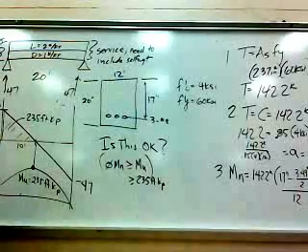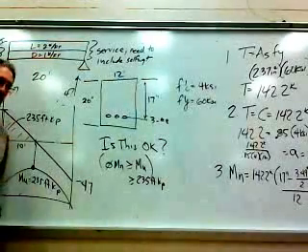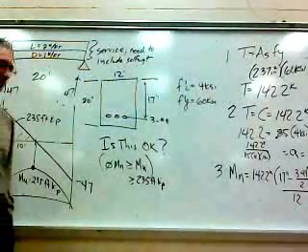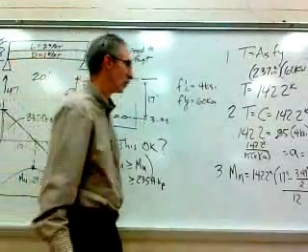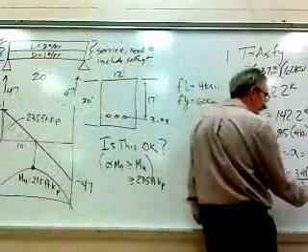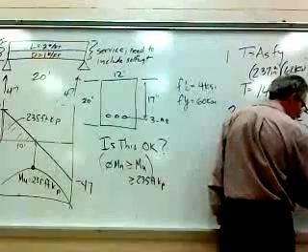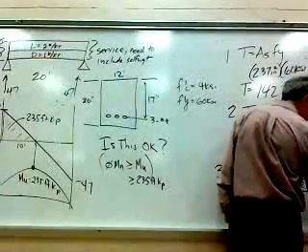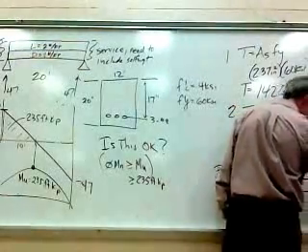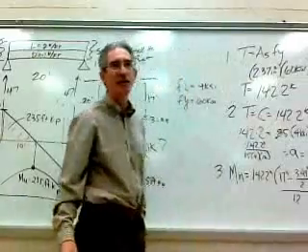What do you get for Mn? 180.7. Do I get confirmation of 180.7?